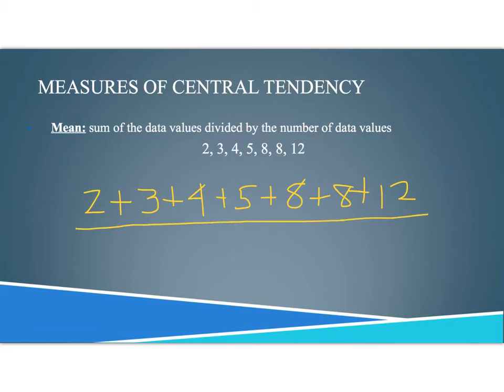Now I'm going to divide that by the number of data values. So I've got 1, 2, 3, 4, 5, 6, 7 data values. So I'll divide that by the number 7. When I simplify, I end up with 42 divided by 7, or a mean equal to 6.